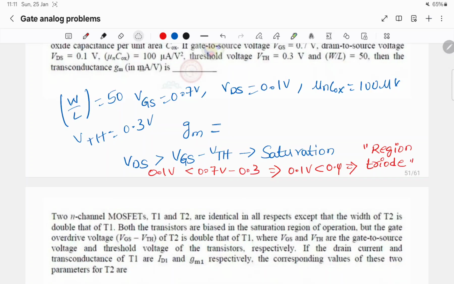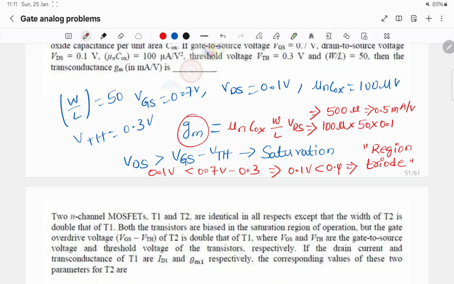And in the last video I said that GM in the triode region will be mu1 Cox W/L into VDS. mu1 Cox here is 100 micro, W/L is 50 and VDS is 0.1, that is 500 micro, 0.5 milliampere per volt.